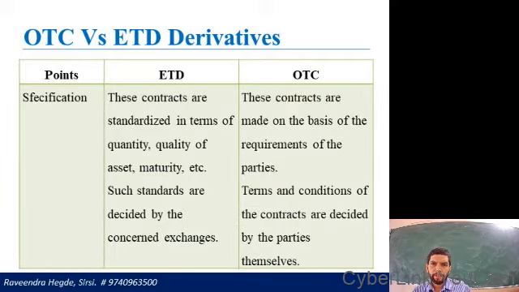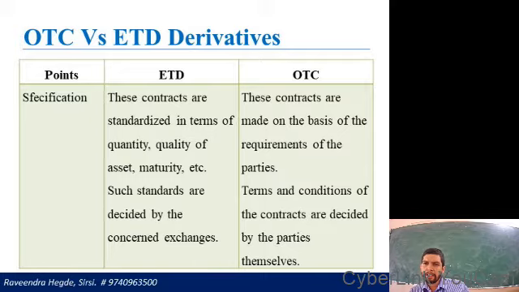Next difference, specification. In ETD, these contracts are standardized in terms of quantity, quality of asset, maturity, etc. Such standards are decided by the concerned exchanges. And in OTC, these contracts are made on the basis of the requirements of the parties.